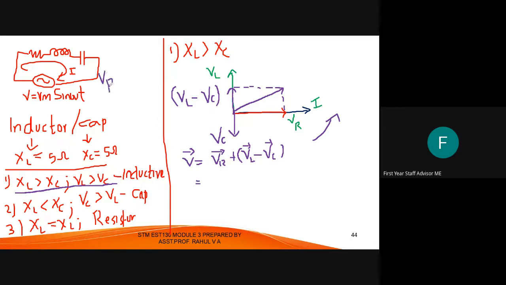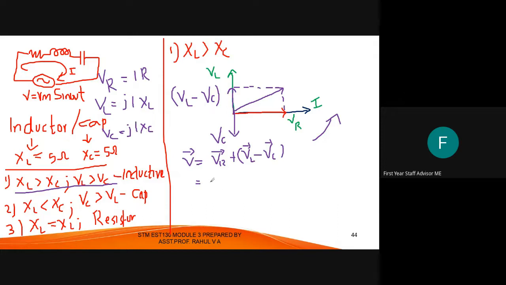VR is nothing but I into R. And VL, we know that it is on the imaginary axis because of the reactive component, so it is jIXL. And the voltage across the capacitor is jIXC, where XC is 1 by 2 pi FC.